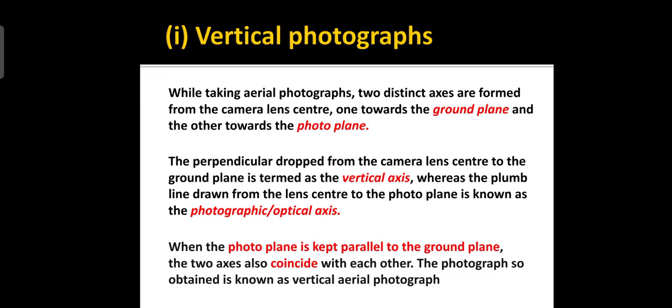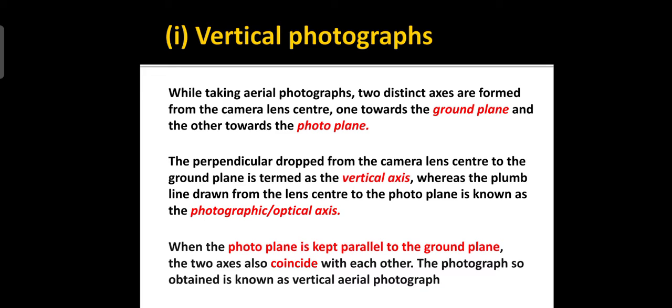If we draw a perpendicular from the center of the lens to the photo plane, we call it the camera axis, photographic axis or optical axis. When we draw a perpendicular from the center of the lens to the ground, it is called the vertical axis. When the photo plane is kept parallel to the ground plane, the two axes coincide.